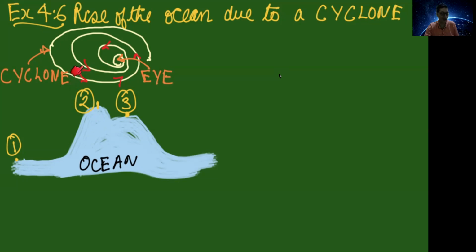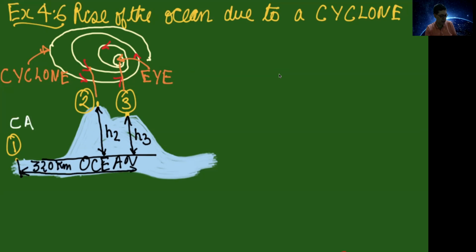In this case, it's 250 kilometer per hour. So there are 2 points given to you. These are the heights of the water, the rise in the level in the ocean, given at 2 points, 2 and 3, which correspond to subatmospheric pressure, or low pressure, or vacuum pressure.